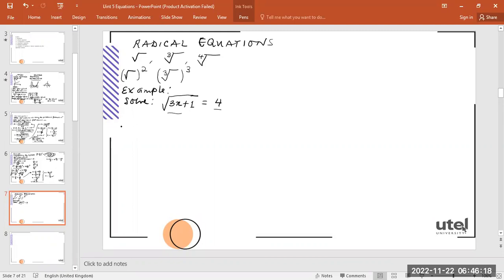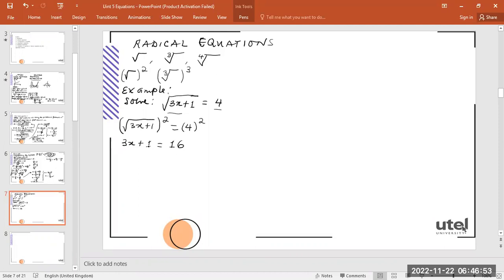So this implies we are going to have 3x plus 1, all squared, is equal to 4 squared. And squaring automatically takes off the square root sign. So we are only left with 3x plus 1 on the left-hand side, which is equal to 4 squared, and 4 squared gives us 16, because 4 multiplied by 4 gives us 16.